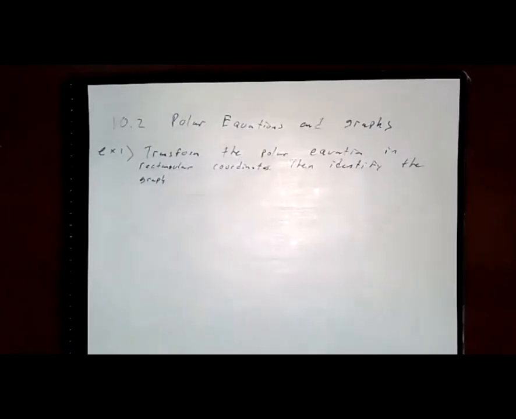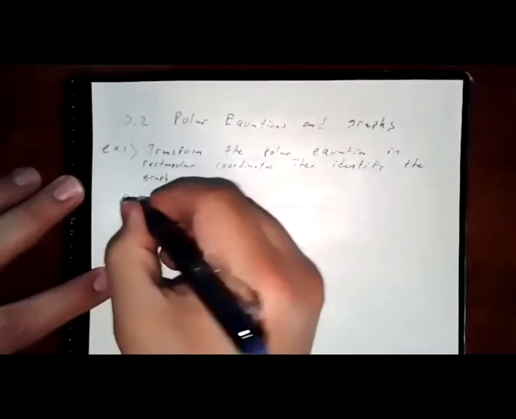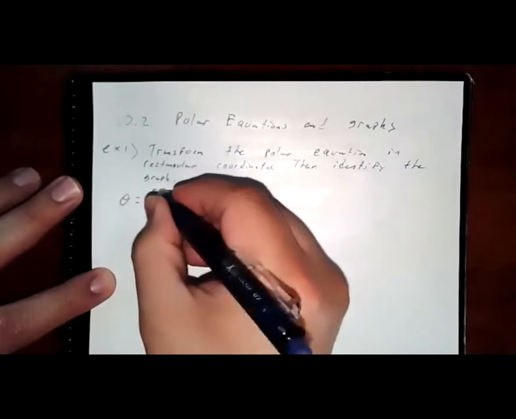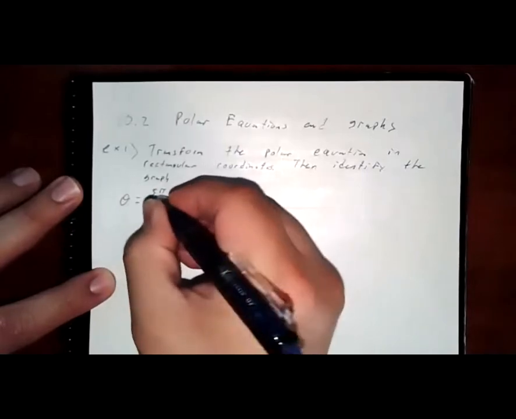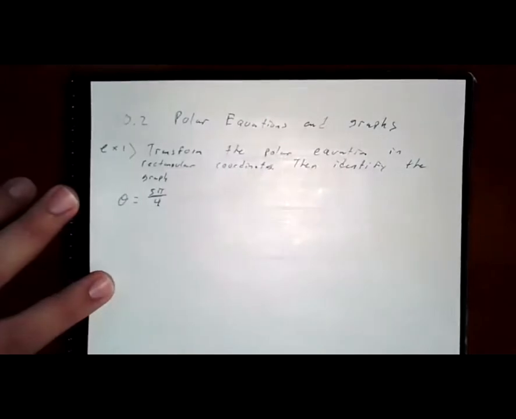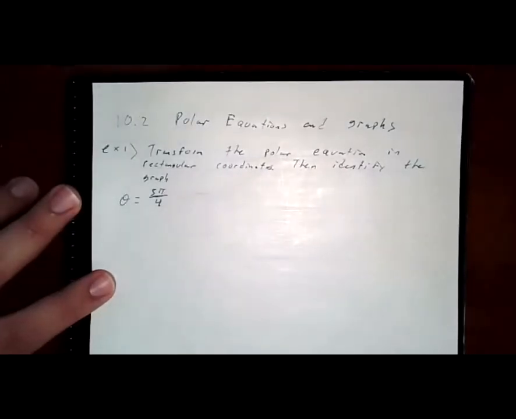So theta equals 5 pi over 4. I want to convert this into rectangular.